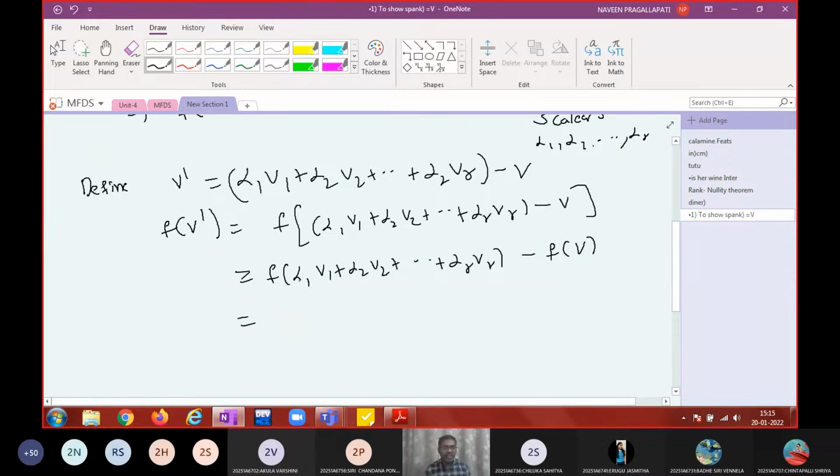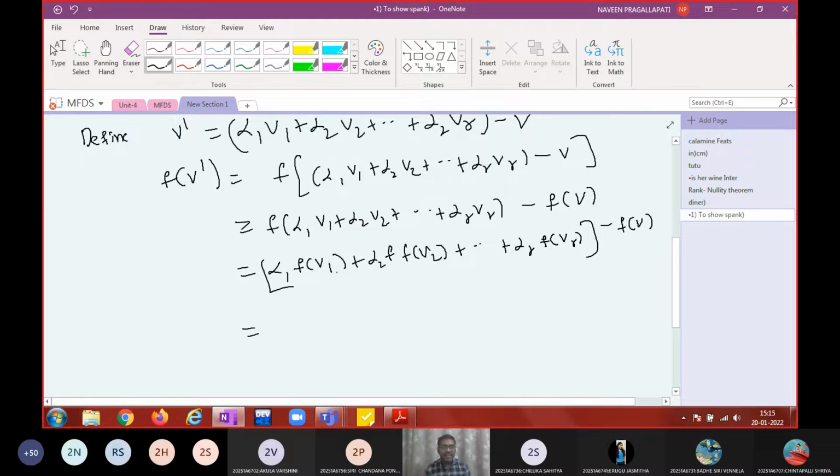Now what is f of alpha 1 v1? I can write it as alpha 1 into f of v1 plus alpha 2 into f of v2 plus and so on plus alpha r into f of vr, minus f of v.